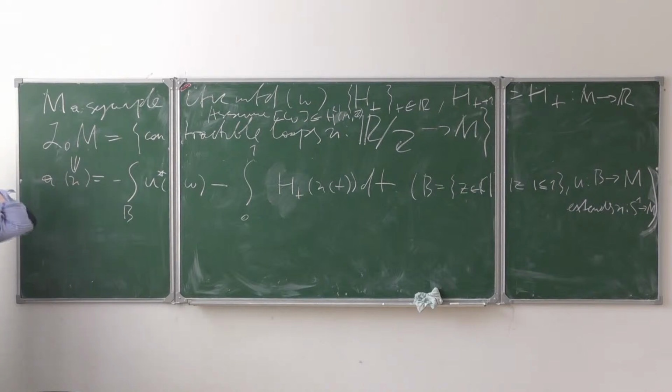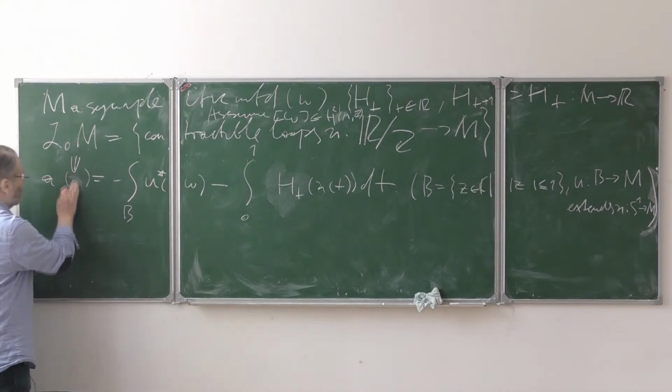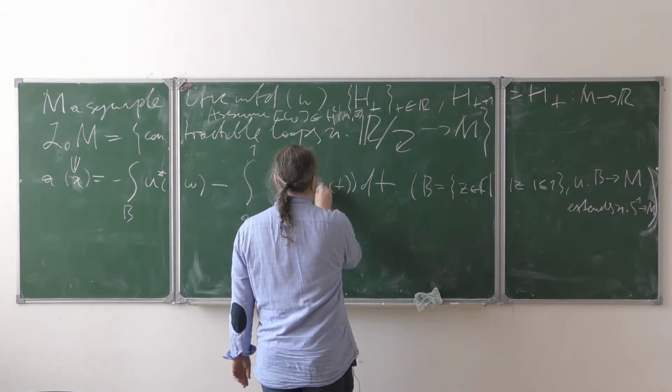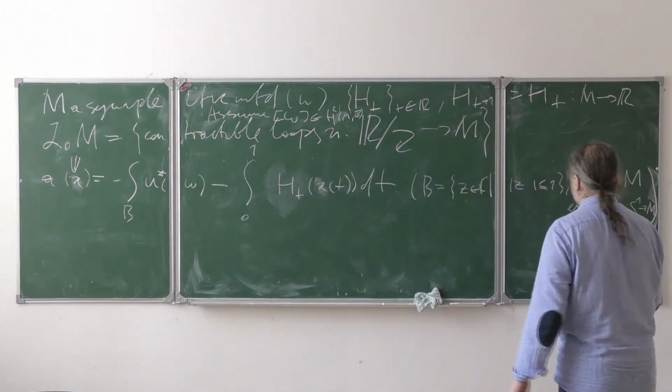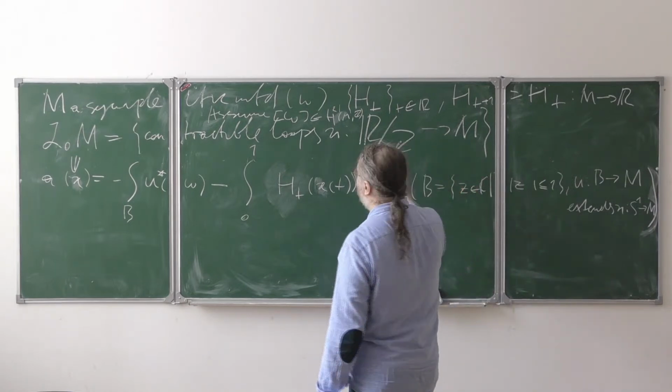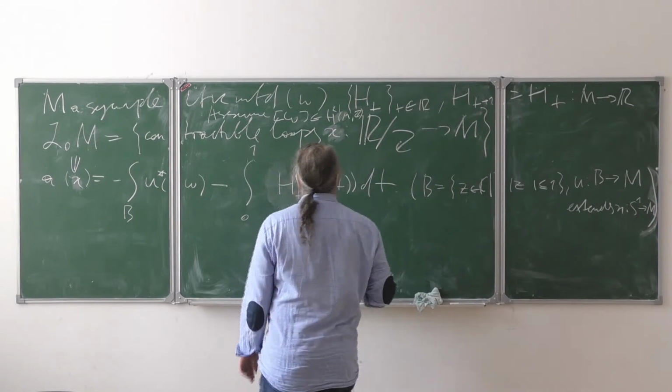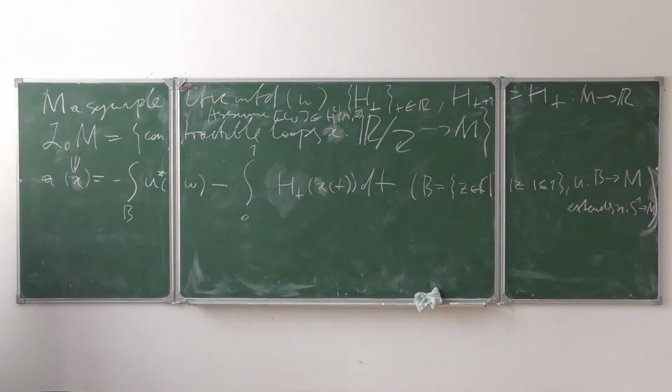I don't understand what the difference is between U and X. Here is X, here is U. In the definition of X. Contractible loops. Okay.